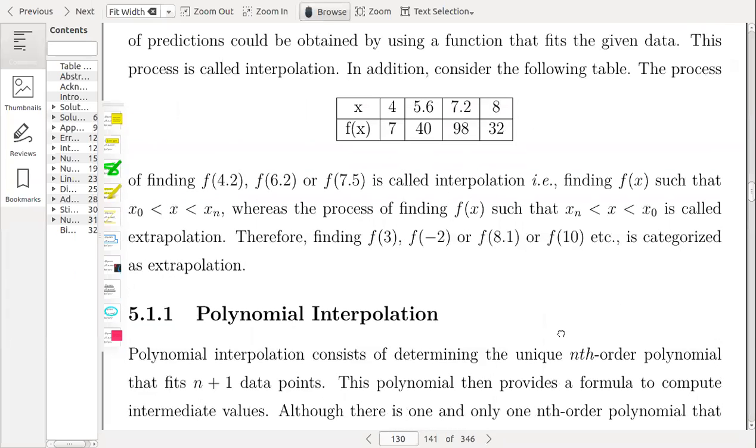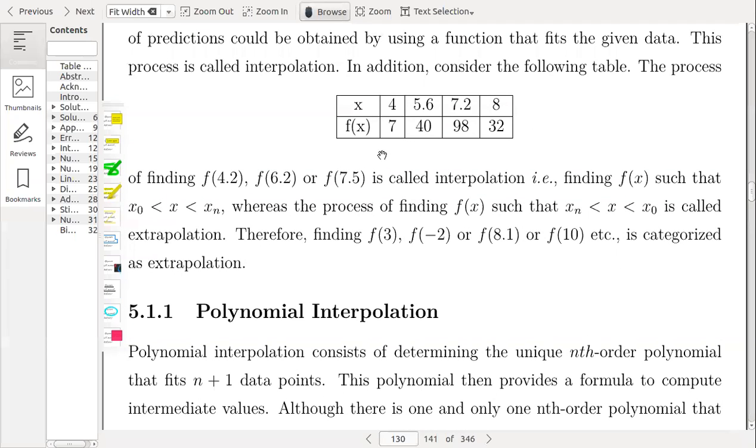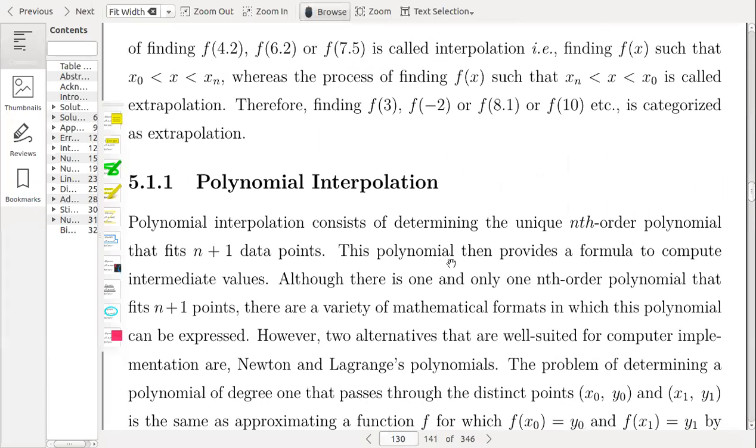So for example, here the data is 1, 2, 3, 4. So 4 points are given, so we can construct a polynomial of degree 3.